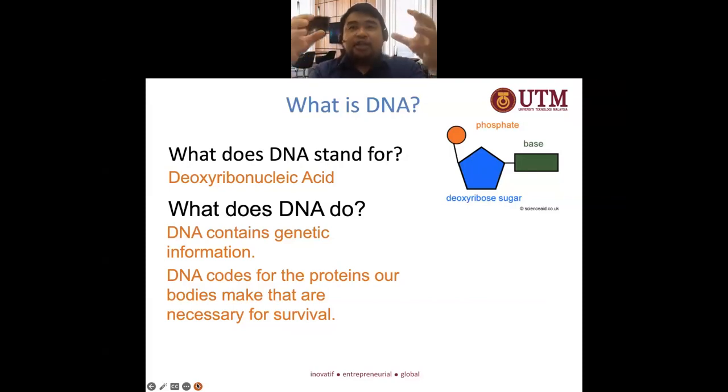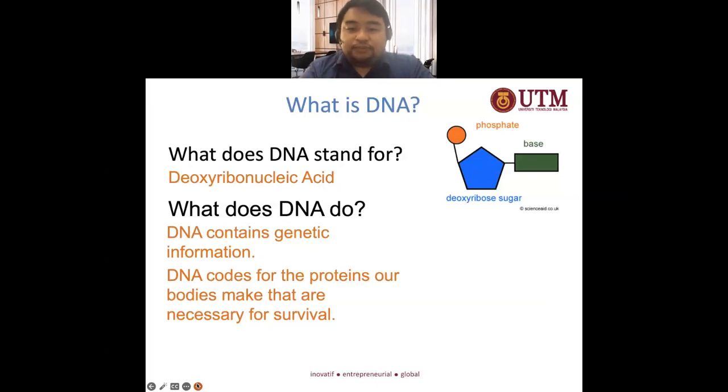So DNA contains genetic information of yourself. This genetic information codes for protein production in your body, which is what maintains your livelihood. So DNA contains genetic information for the production of proteins inside our bodies. That's the first thing that you need to know. What does DNA do? That is the basic function of DNA.